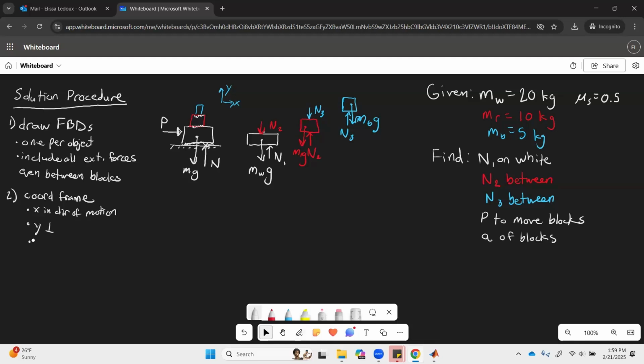And if you have a rope, which we don't on these, but we'll do in another example, then X follows the rope. That would be like if the blocks were at different orientations relative to each other. Step 3 is write equations. And we need to write those equations now for each block.